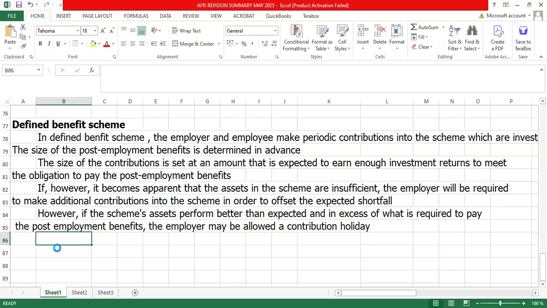Then finally we switch to Moore's case. For Moore's case, what is the defined benefit scheme?